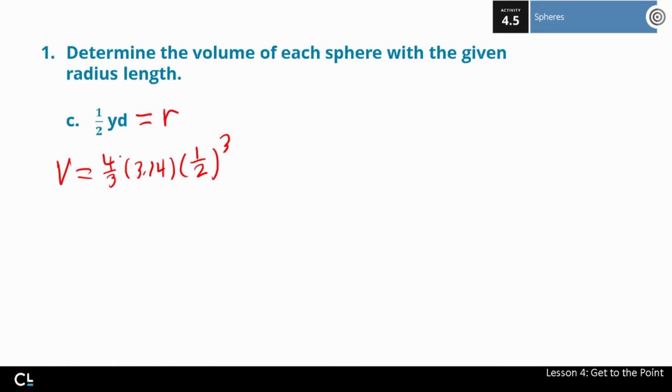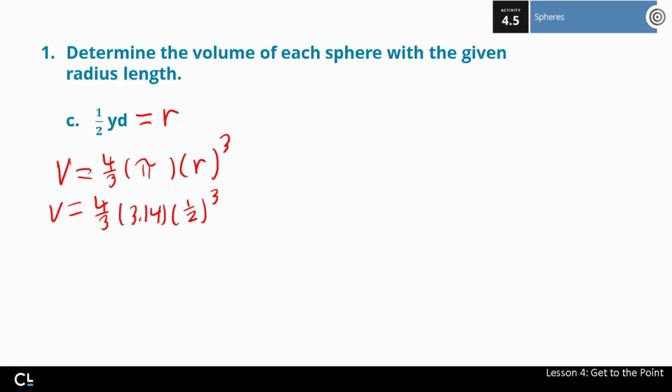I forgot to write the actual equation, so I just filled everything in here. Whoops. We're supposed to write our equation first. So it should be volume equals 4/3 pi r cubed, which will give us volume equals 4/3, 3.14 times 1/2 cubed. There you go.